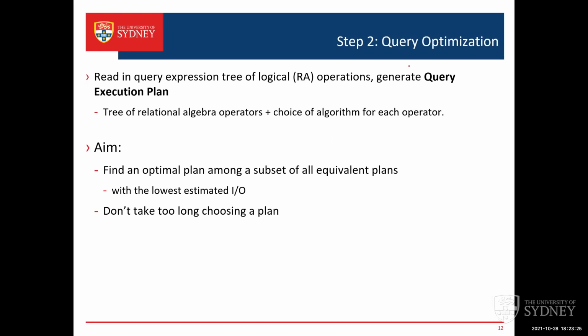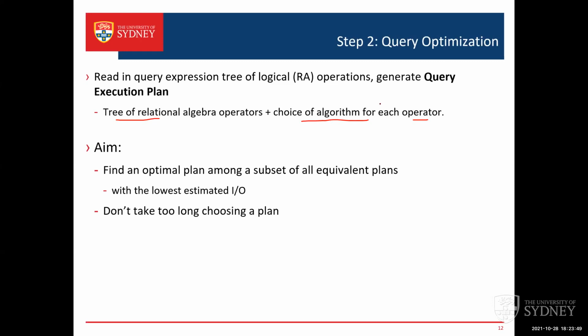What was I saying? So optimization, yeah. In the second step, the optimizer will try to figure out an optimized plan, right? So based on all the plans that are available, here you can see that it will first figure out the tree plus the choice of algorithm for each operator. So like we have a join, we have a selection, we have a projection. For each of those, which algorithm should be there?